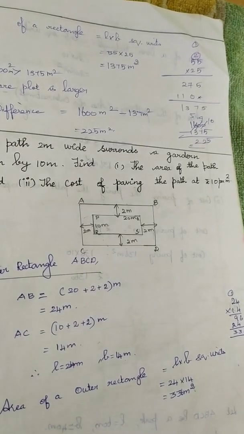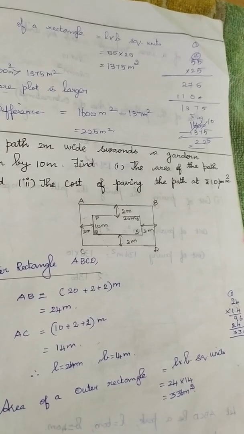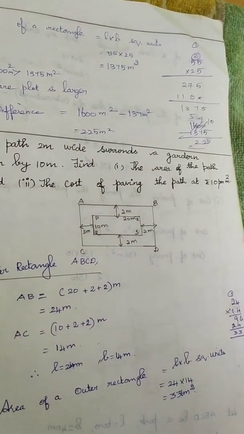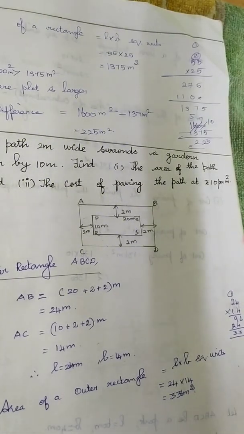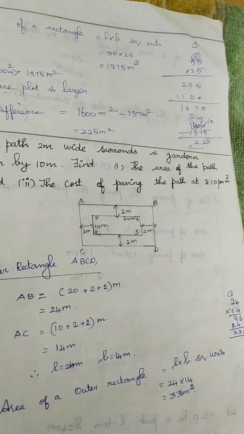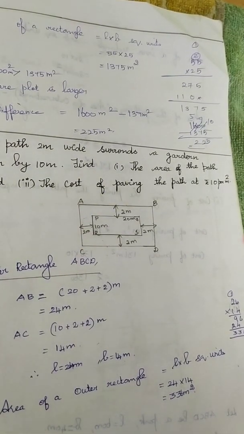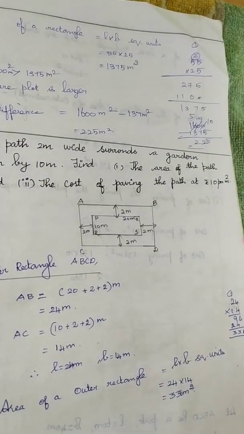So in the stadium also, the running pathway will be around, that is called a pathway. So whatever the shape of the ground may be, there will be a pathway or a lawn to walk, or a space is left. That space we'll call a pathway, and how to find the area of the pathway is what we are going to learn from problem 10.